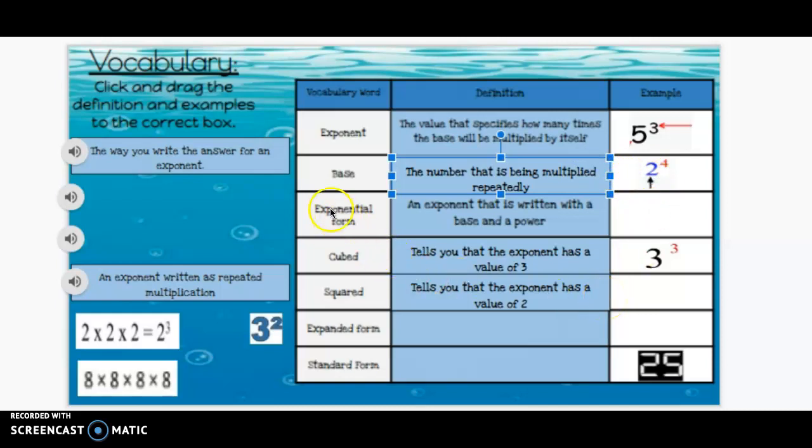Now we're going to look for the exponential form. Exponential form is just a fancy way of saying how to write it. Our 3 examples are 5 to the third, 2 to the fourth, and 3 to the third power. But the exponential form has the expanded form written in front of it. So that would be our 2 times 2 times 2, which equals 2 to the third power.